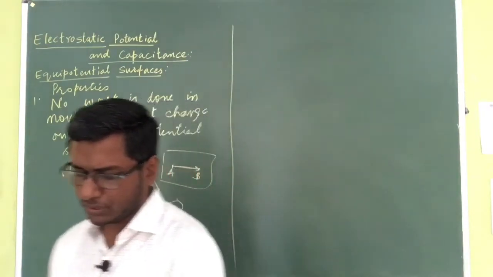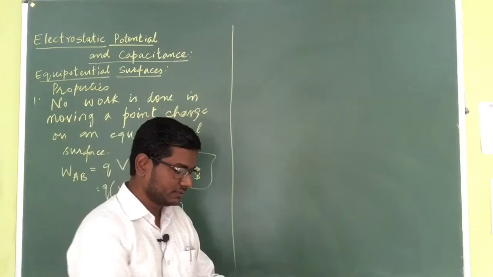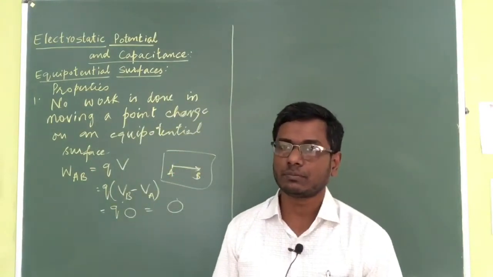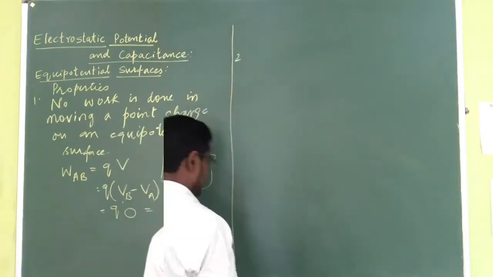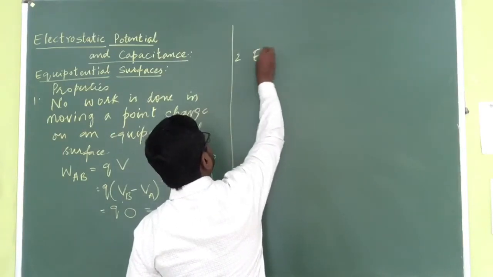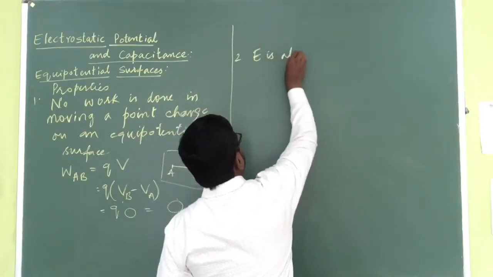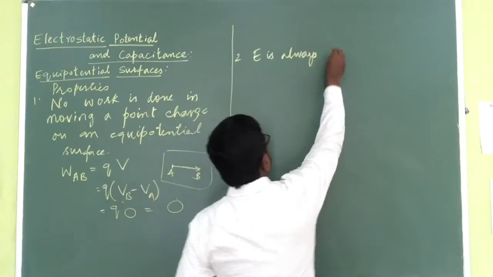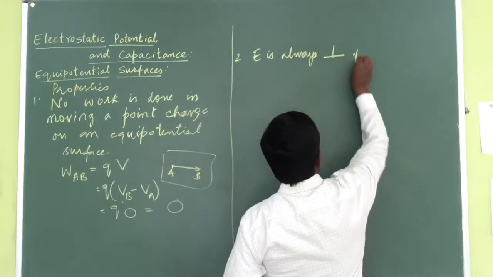Then the second property was the electric field is always normal to the equipotential surface.